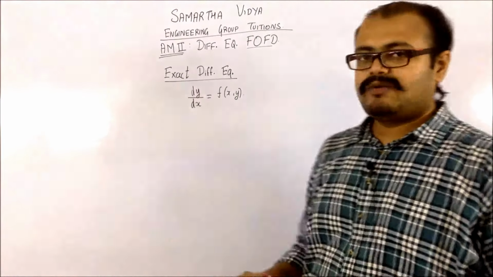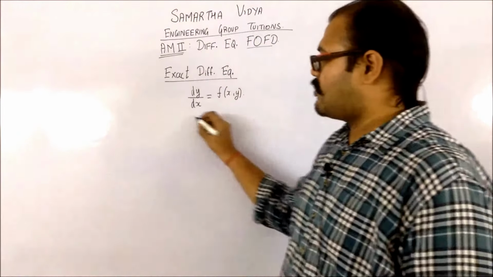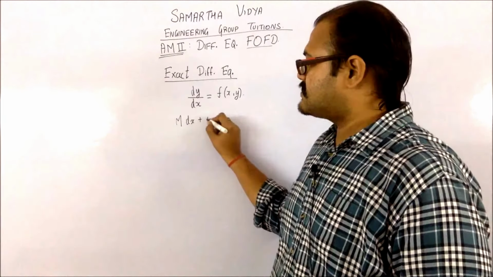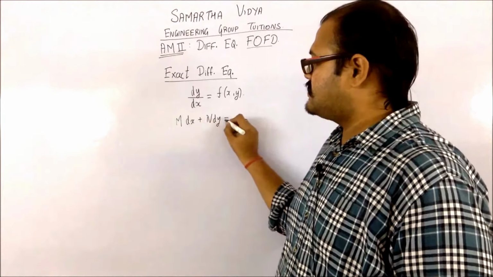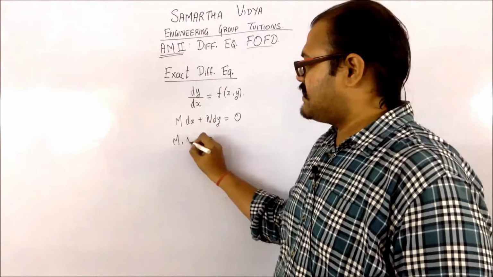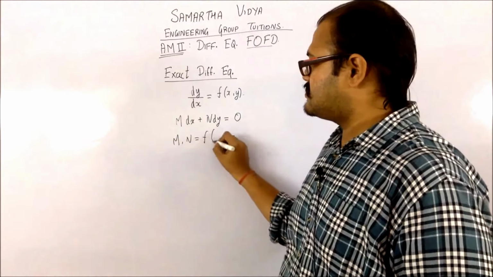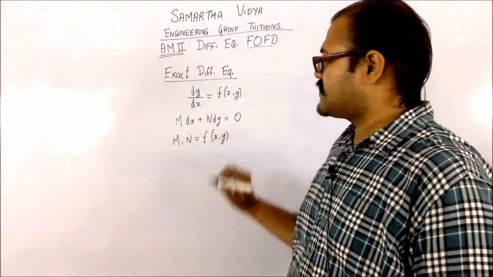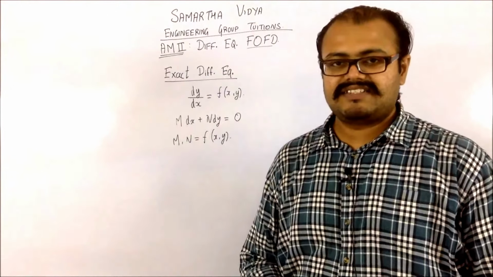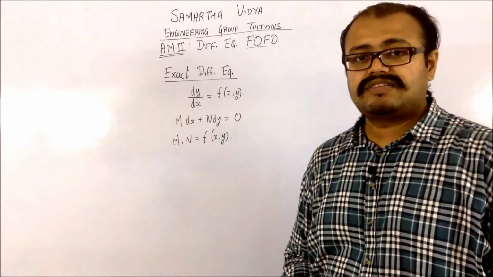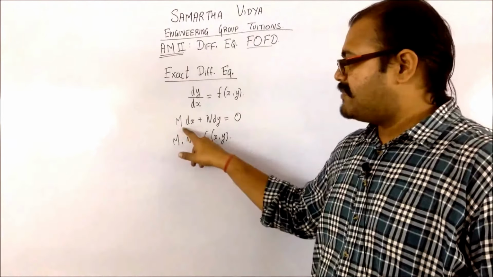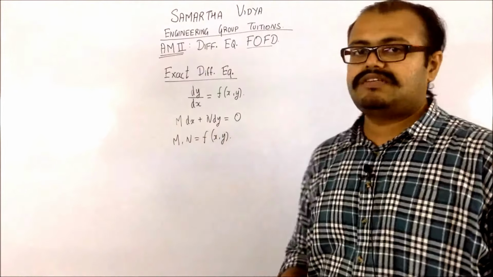This equation can be written in this form also, that is M dx plus N dy is equal to 0, where M and N are functions of x and y. Whenever you have to check the condition for an exact differential equation, you require the equation in this form, M dx plus N dy is equal to 0.